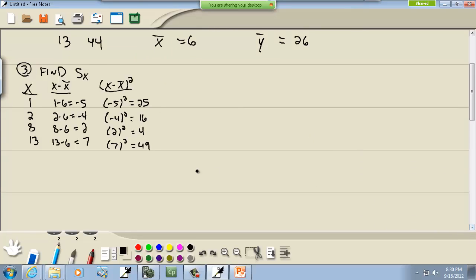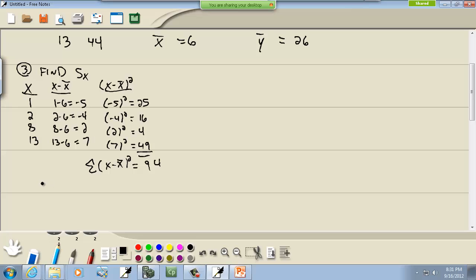Now, we're going to need to add those together, and that'll give us the sum of x minus x bar squared. Let me get my calculator out. I want to check this. 25 plus 16 plus 4 plus 49 is 94. Okay.